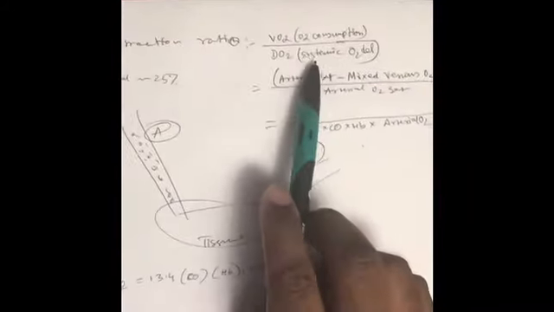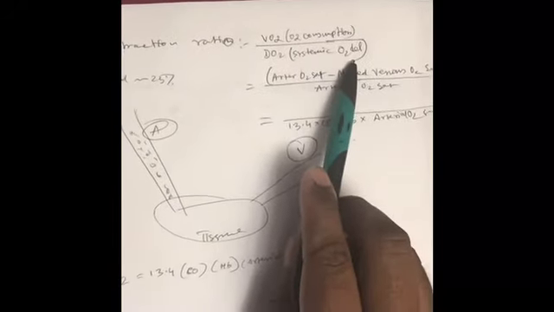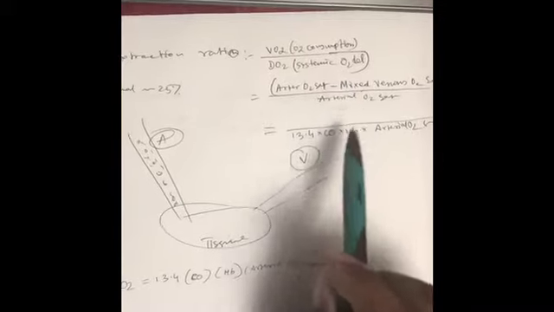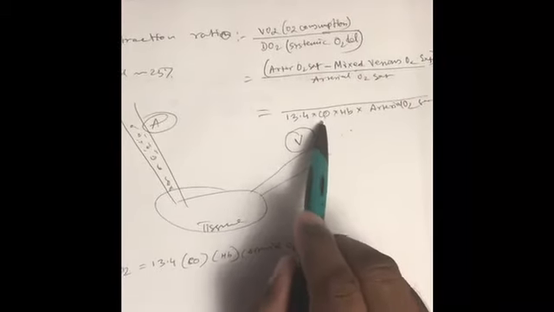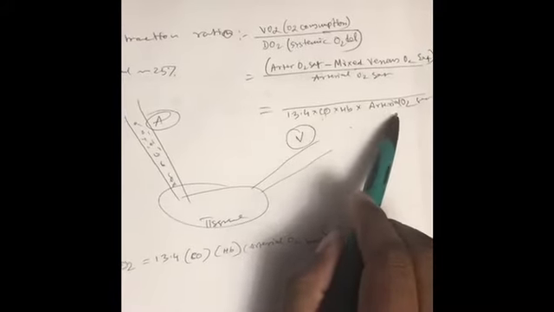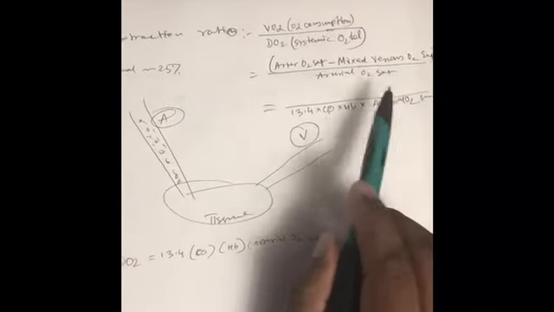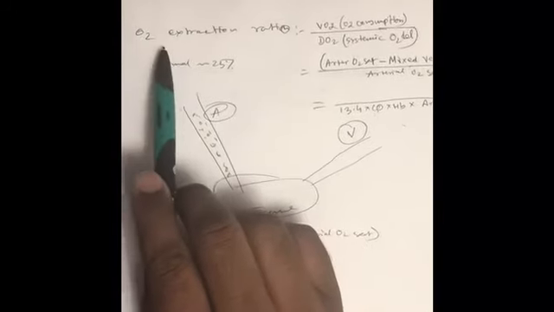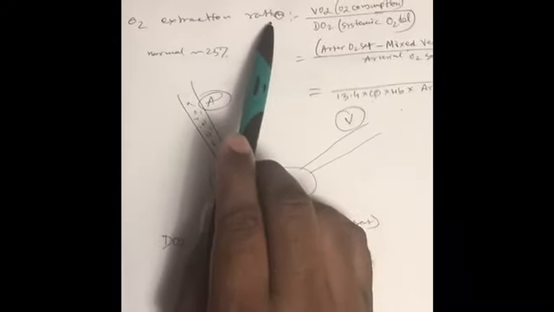Second term, systemic oxygen delivery. We can optimize systemic oxygen delivery by optimizing cardiac output, hemoglobin, as well as arterial oxygen saturation. This is inversely proportional to the oxygen extraction ratio.